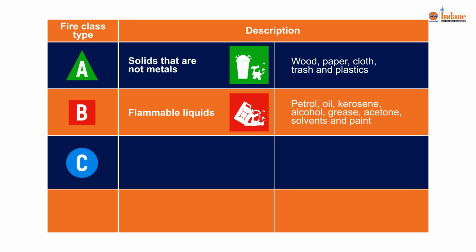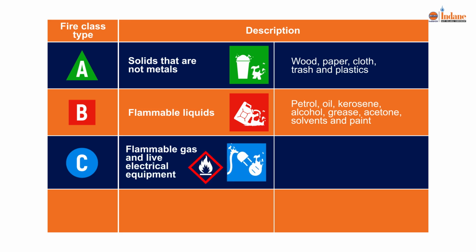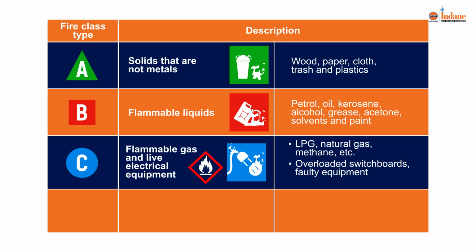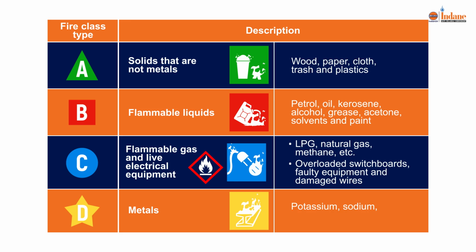Class C includes flammable gas and live electrical equipment such as LPG, natural gas, methane, etc., and electrical equipment such as overloaded switchboards, faulty equipment, and damaged wires. Class D includes metals, including potassium, sodium, aluminium, and magnesium.